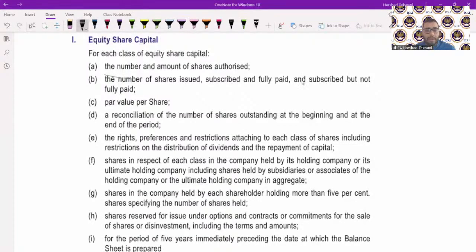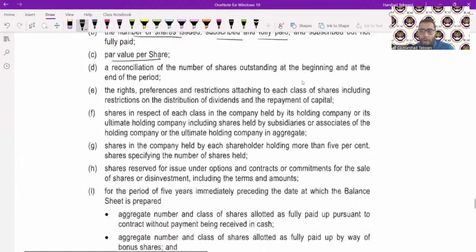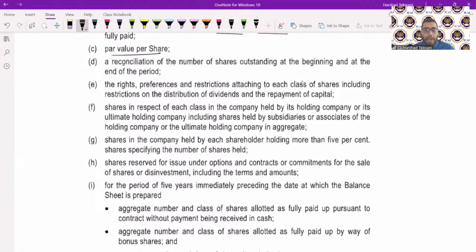That requires the number and amount of shares authorized, number of shares issued, subscribed and fully paid up, par value per share, reconciliation of number of shares outstanding at the beginning and at the end, rights, preferences and restrictions attached to each class of shares, shares held by the holding or ultimate holding company, and shares held by each shareholder holding more than 5%.